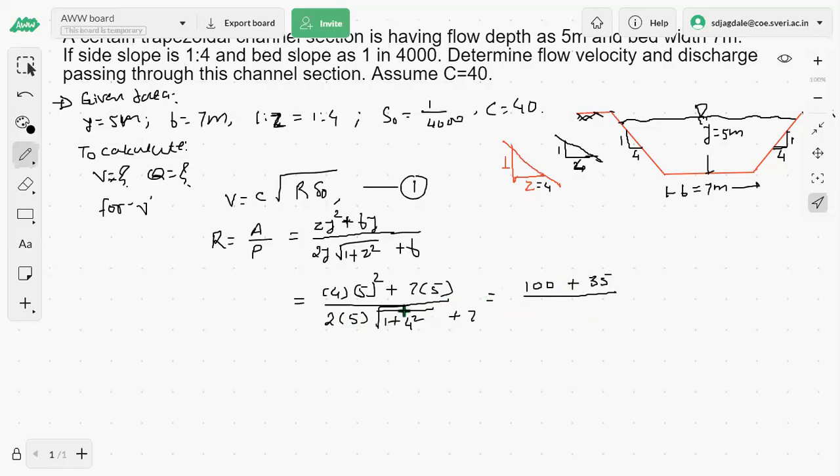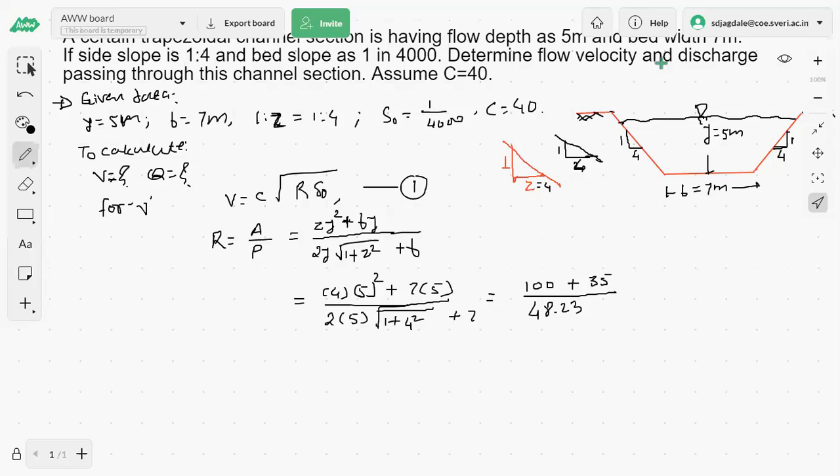What is the denominator? Okay. That is 100 plus 35 divided by 48.23.